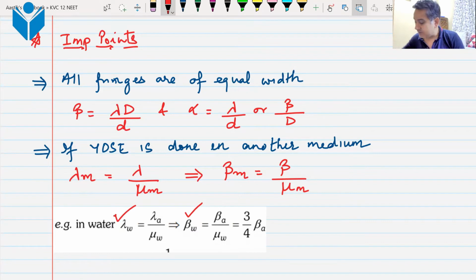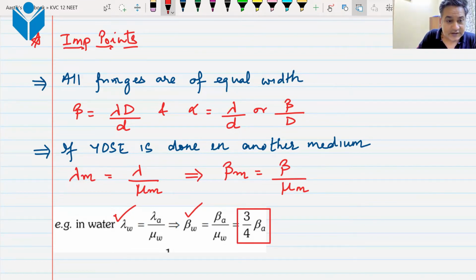Mu is 4/3, so it will become 4/3 of beta in air. Do we understand this? Yes, sir. Every point that we are writing are potential questions. I hope everyone is noting them down.